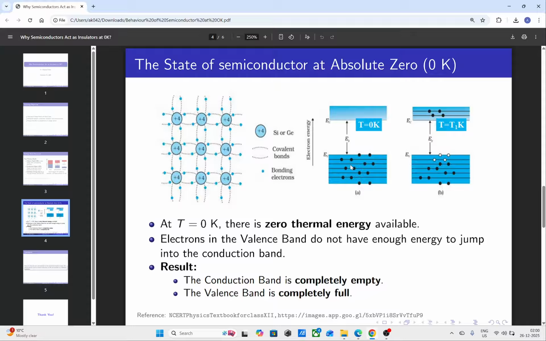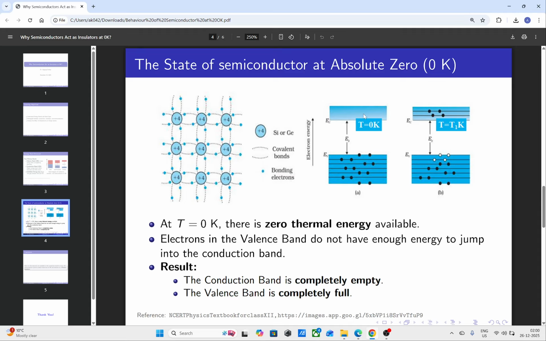And if we talk about the band model, then at 0 Kelvin, like the insulators, the valence band is completely filled and the conduction band is empty. As we have discussed, conduction will take place only if the electron is present in the conduction band.